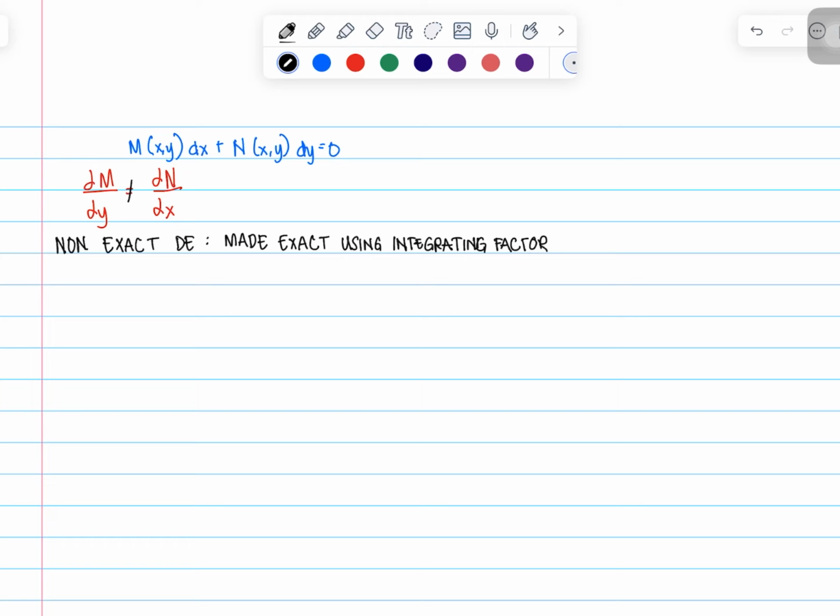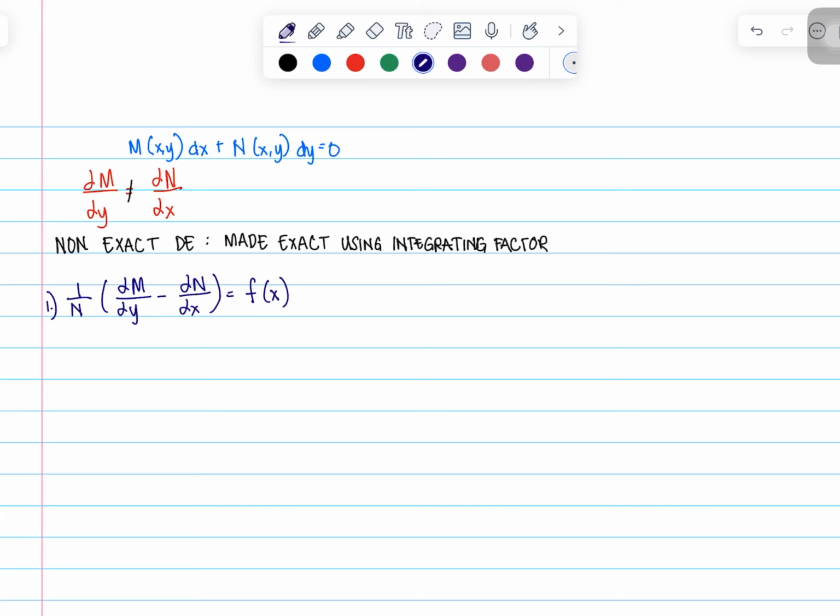So non-exact DEs. How do we get the integrating factor? For these types of equations, we have equation 1: 1 over N times the partial derivative of M with respect to y minus the partial derivative of N with respect to x is equal to a function in terms of only x.